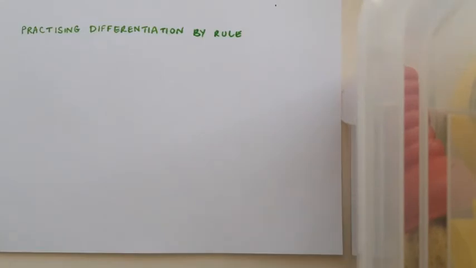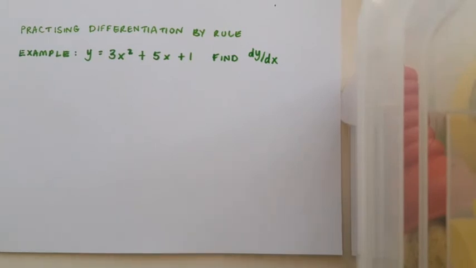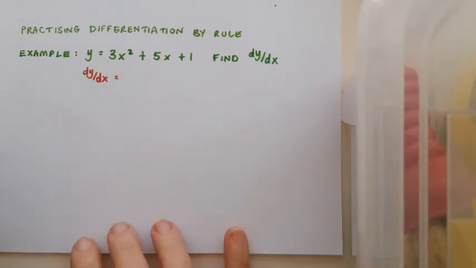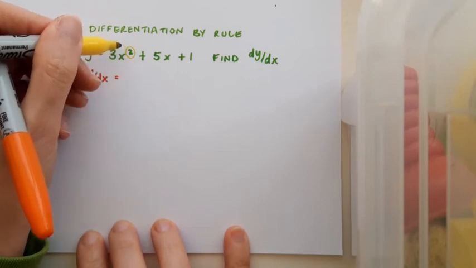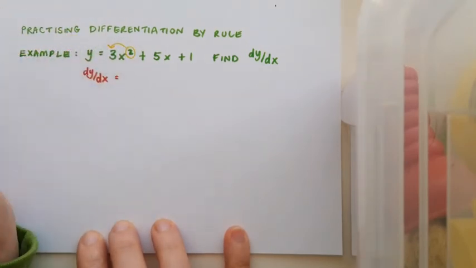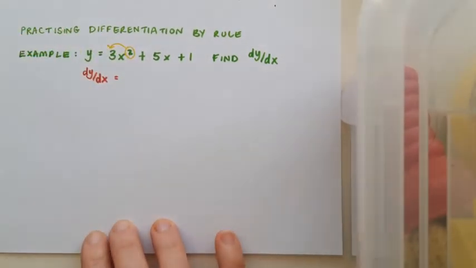Okay, so let's just scale this back a little bit and practice some differentiation by rule. So here's my first example. y is equal to 3x squared plus 5x plus 1. I want to find dy dx. First of all, I look at the 3x squared term. I'm going to take the power, bring it in front and multiply, and reduce my power by 1.